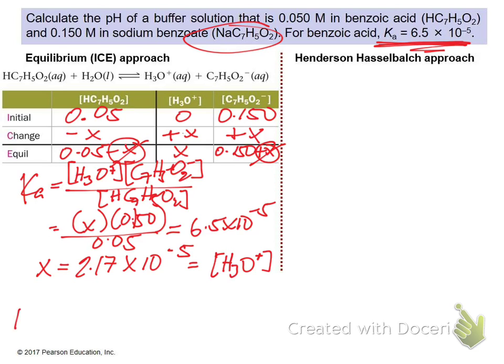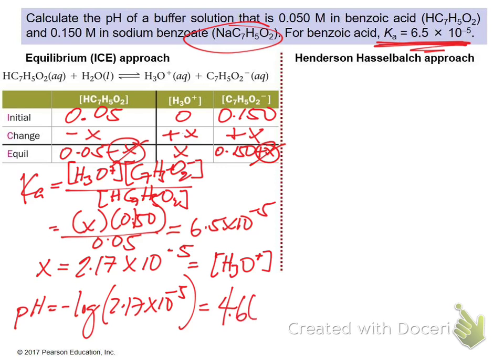So we can just plug this into the pH equation, negative log of this number. And that gives us a pH of 4.66. So this is the equilibrium approach.